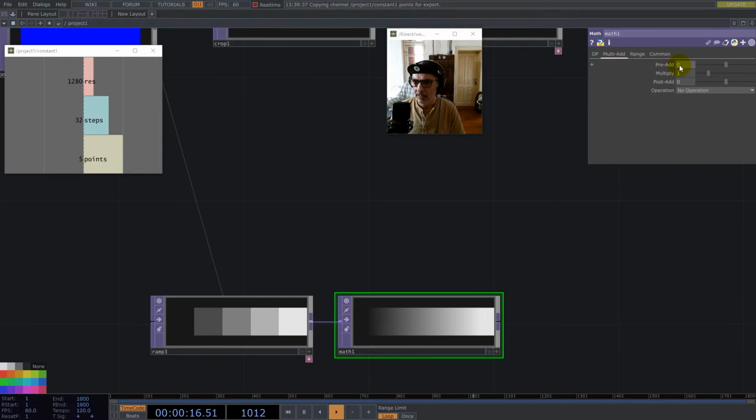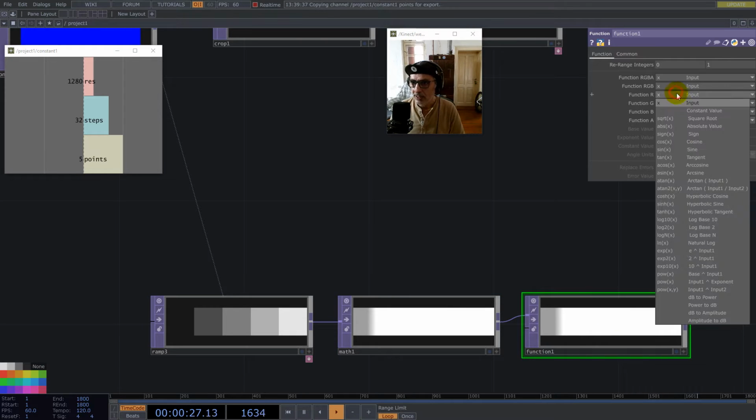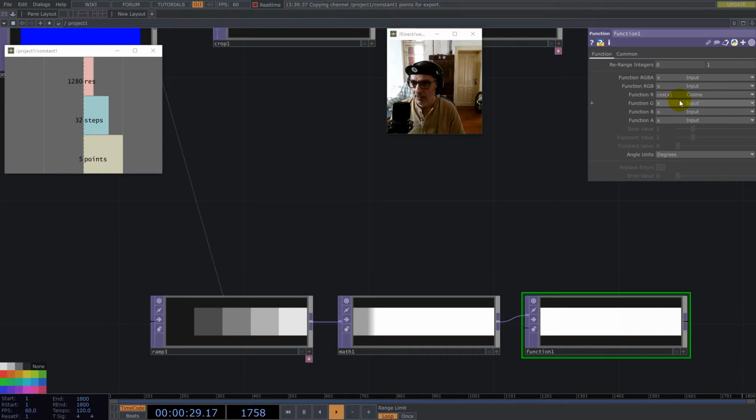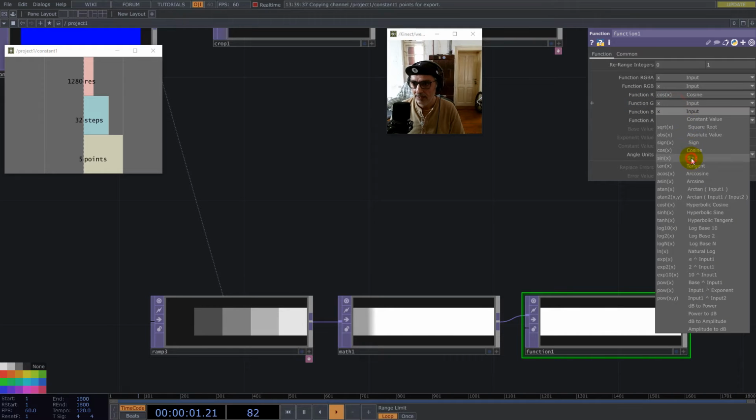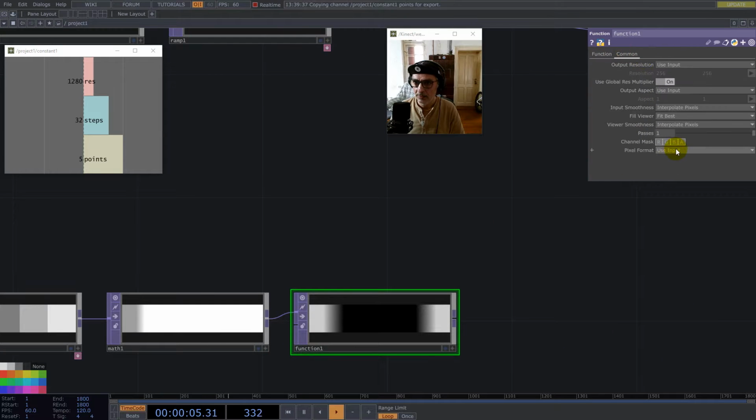So here I will have math.pi multiplied by 2, and right after a function top, for which I'll take cosine for the red and sine for the green, also radians here, and the whole texture is 32 RG.